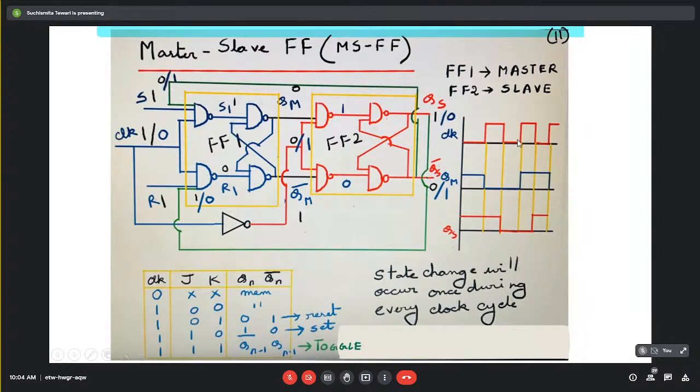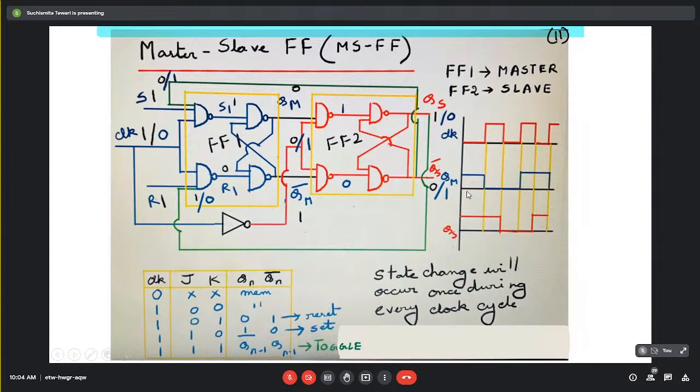Now in the next clock, when the clock again goes from 0 to 1, only then will this changed value be reflected through this. So you see, throughout this entire clock period, if we look at the final output, that is QS, the change of state is happening once.